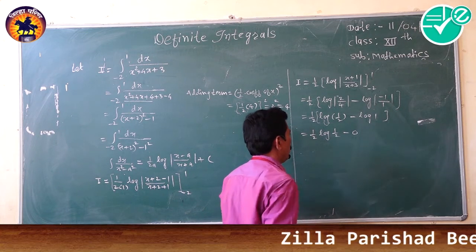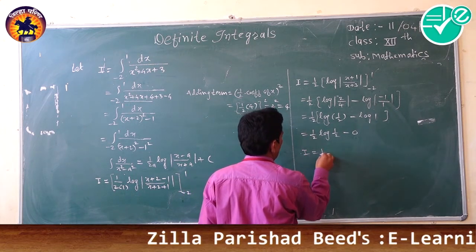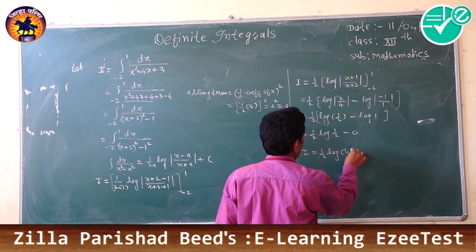Log of 1 is 0, and hence I is equal to half log of 1 by 2.